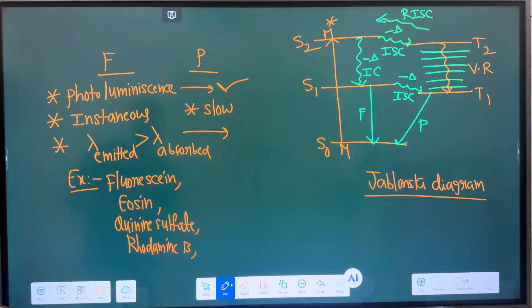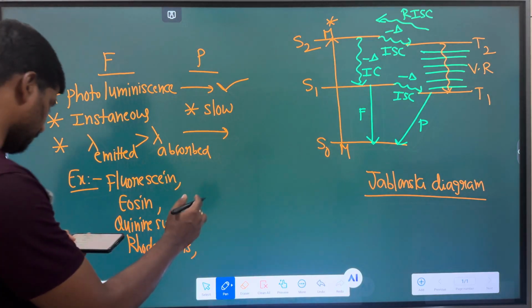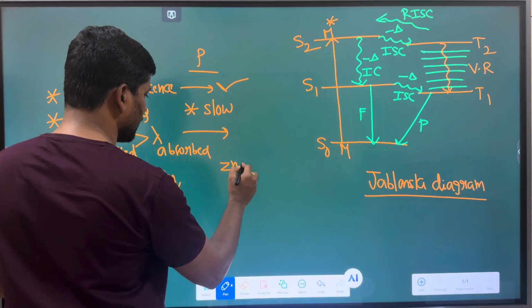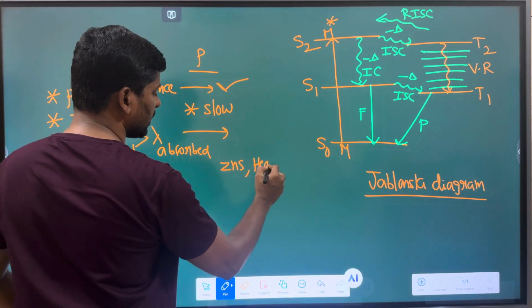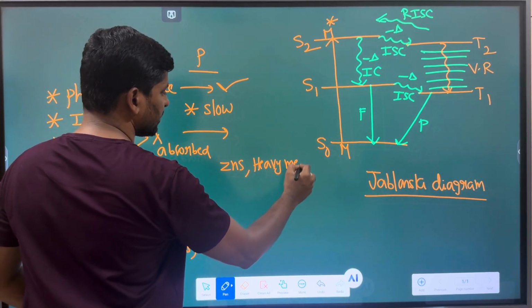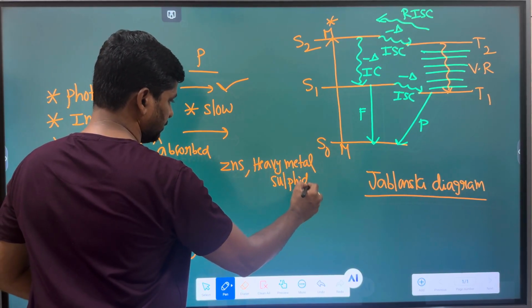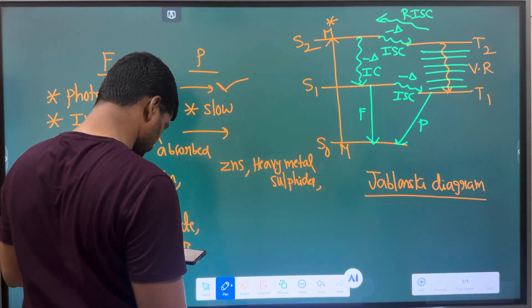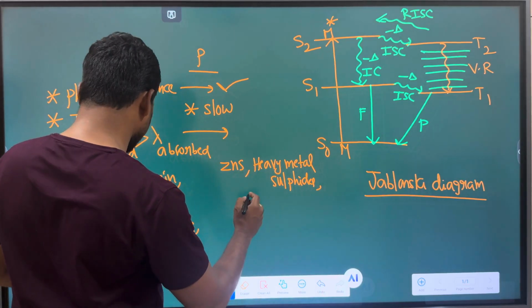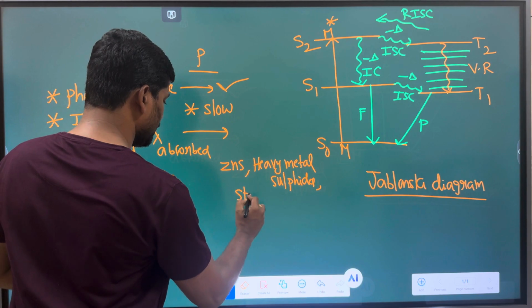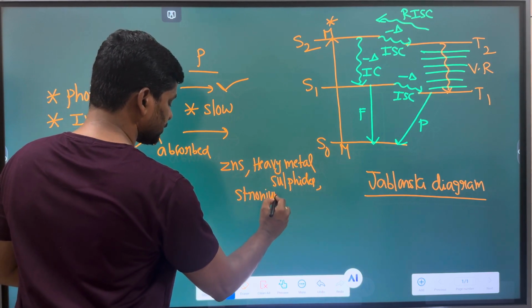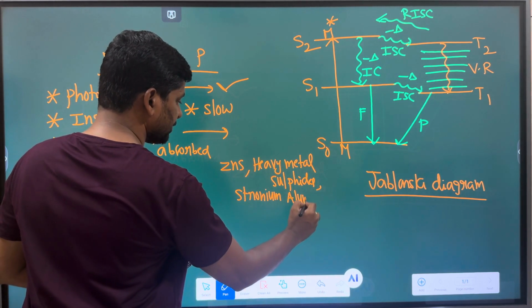Examples for phosphorescent substances: zinc sulfide, some heavy metal sulfides, strontium aluminate.